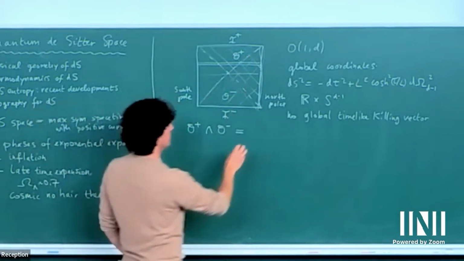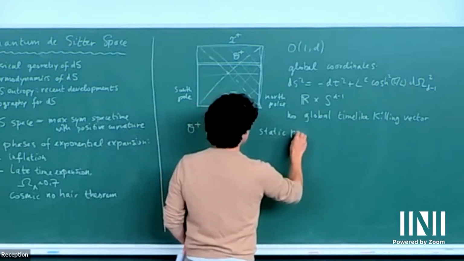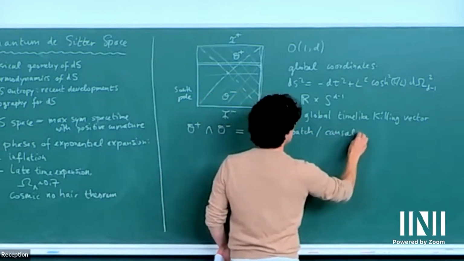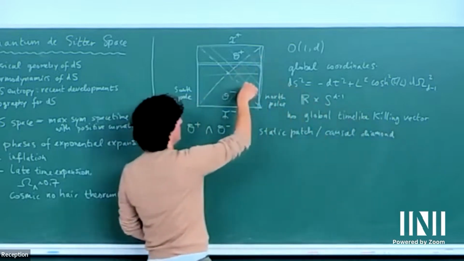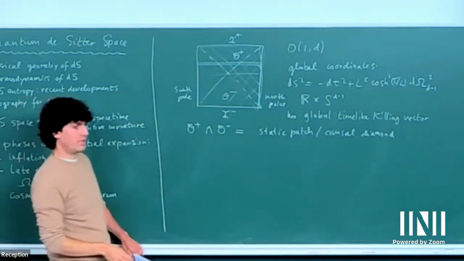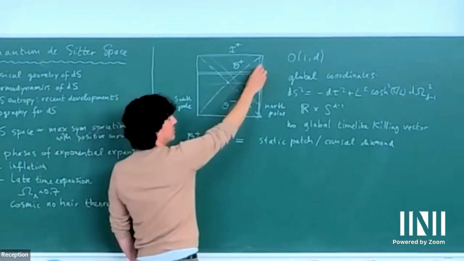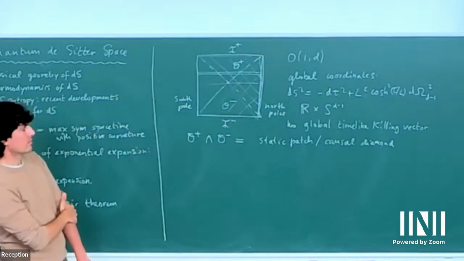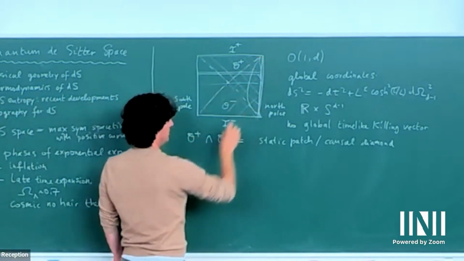So the intersection is called the static wedge, or causal diamond. And you have two of those, the northern causal diamond and the southern causal diamond. So that is the region that is fully accessible to an observer sitting at the North Pole, or someone staying inside this wedge.